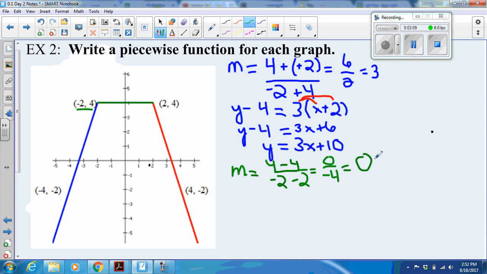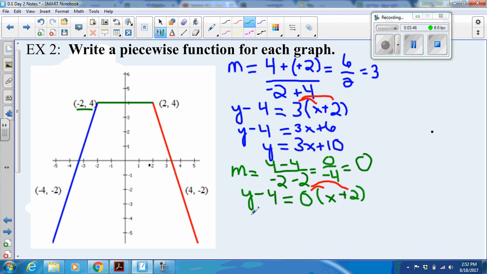Now we take our slope and one of our points and plug it into the point slope formula so we can find our equation. So we have y minus, and pick any point you would like. Let's just try negative 2, 4 again. So we have y minus 4 equals 0 times x plus 2. Now we distribute that 0 to the x and the 2. You should know anything times 0 just gives you 0.